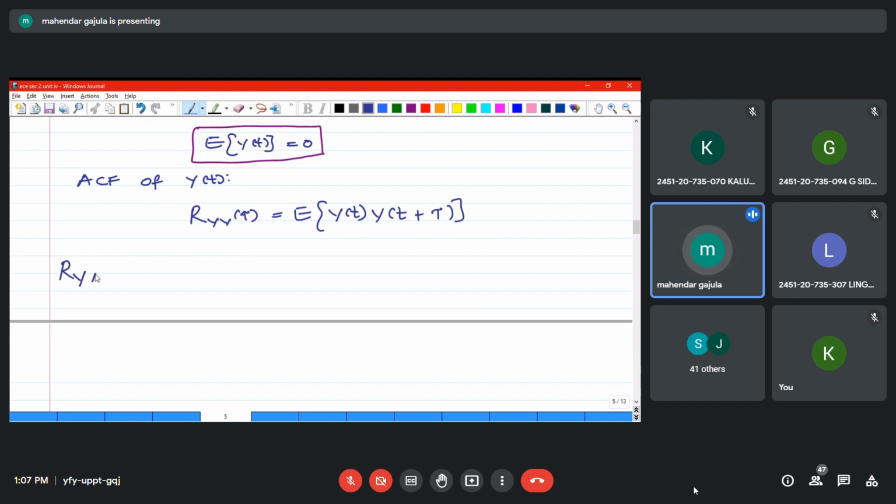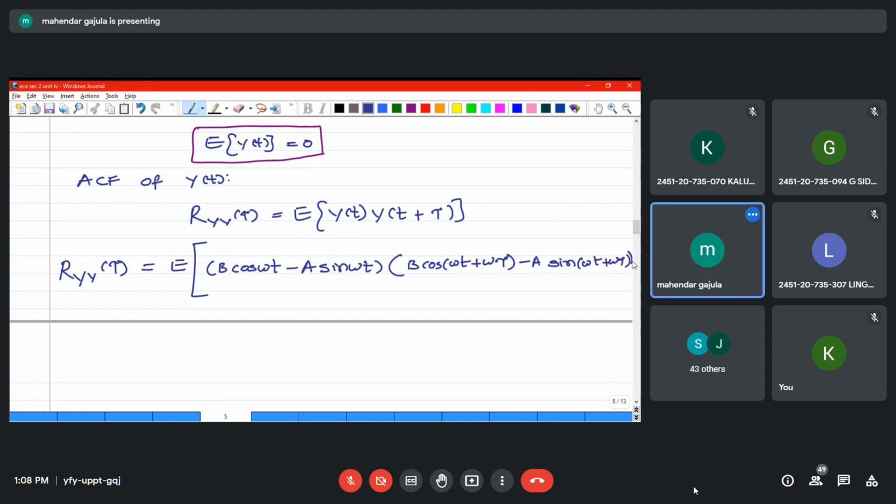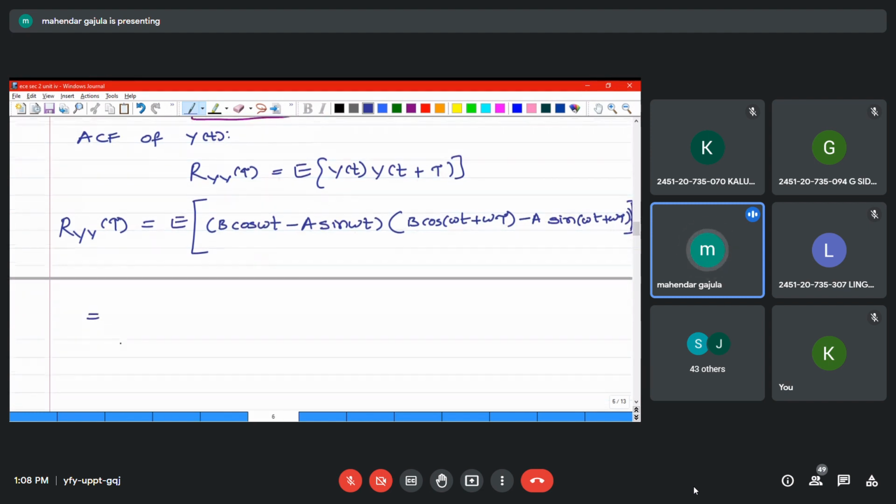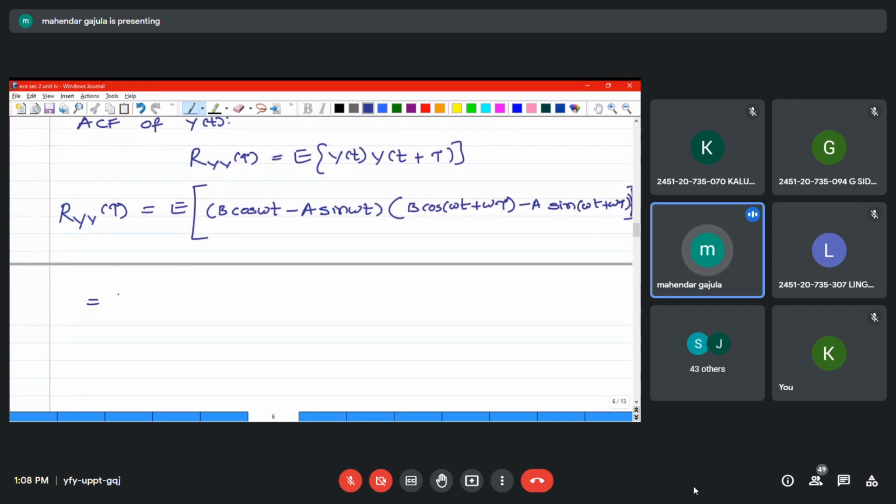So R double y tau is equal to expectation of yt, which is b cos omega t minus a sin omega t, times yt plus tau, which is b cos omega t plus omega tau minus a sin omega t plus omega tau. Now multiply and apply the expectation.